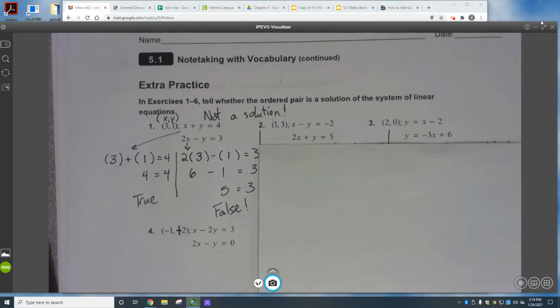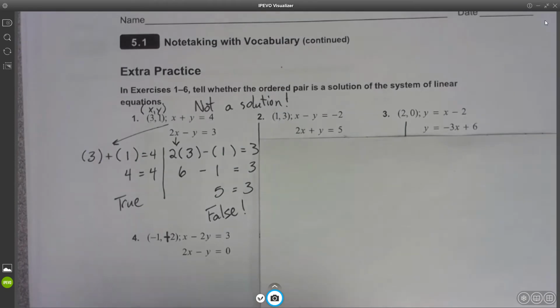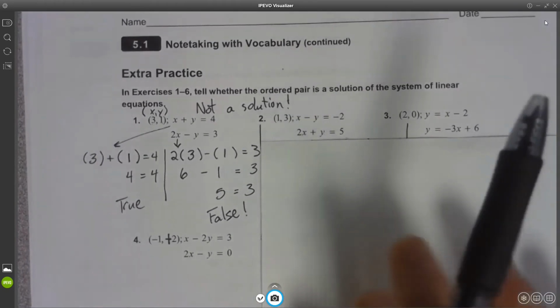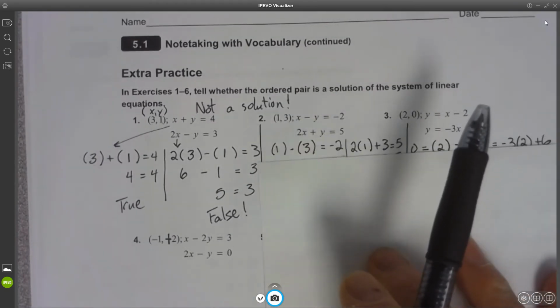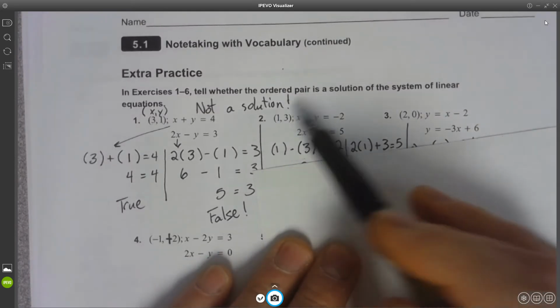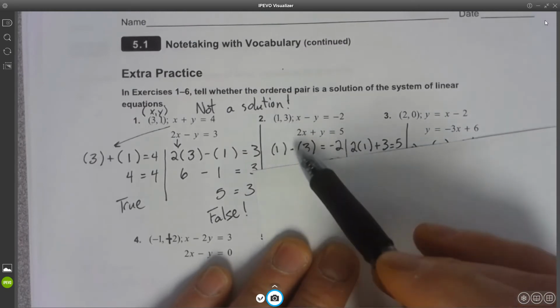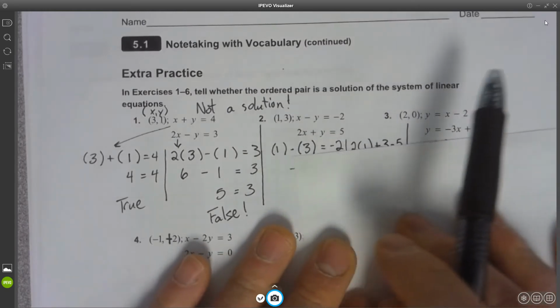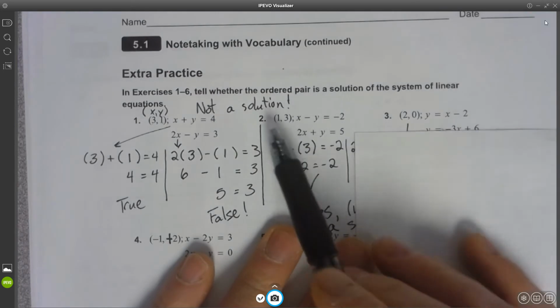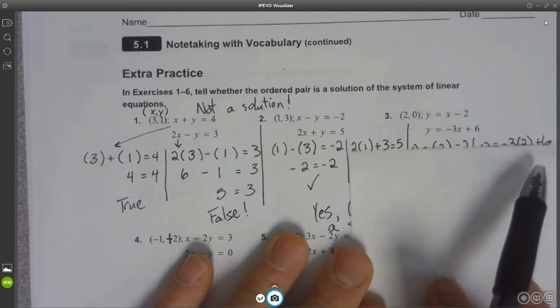So trying number 2, I have 1 for x, 3 for y. When I substitute that into both equations, 1 for x, 3 for y, 1 for x, 3 for y, I'm here. 1 minus 3, that is negative 2. So negative 2 does equal 2, so 1, 3 does work for the first equation.